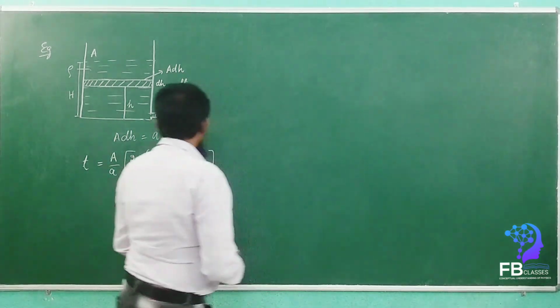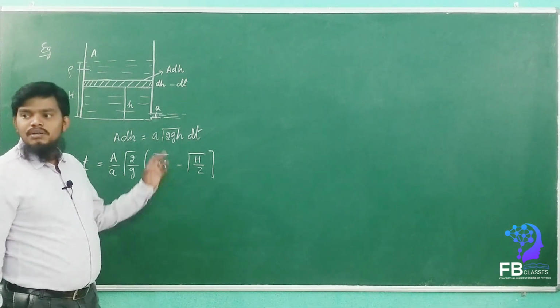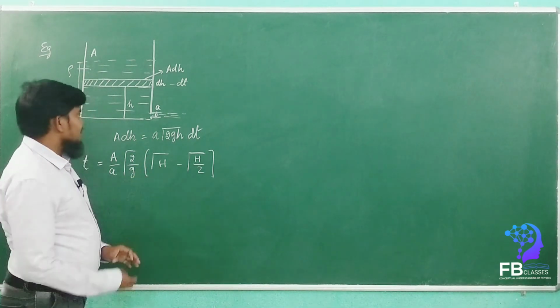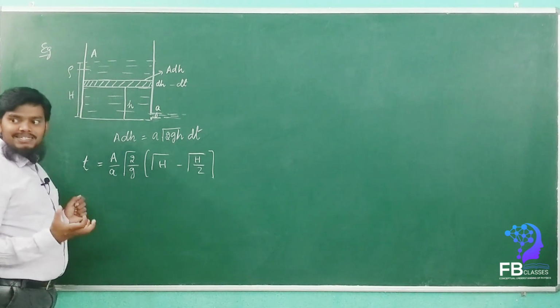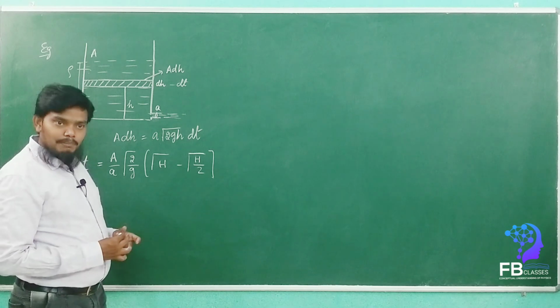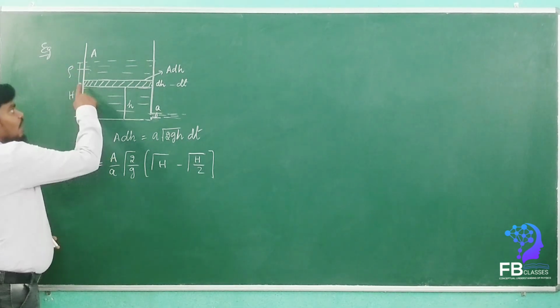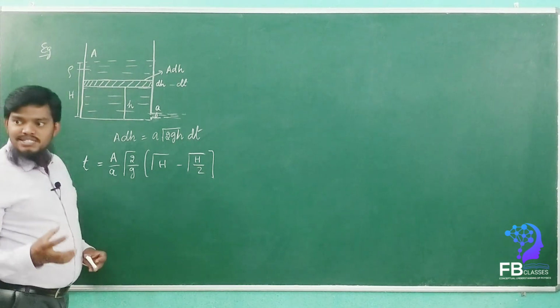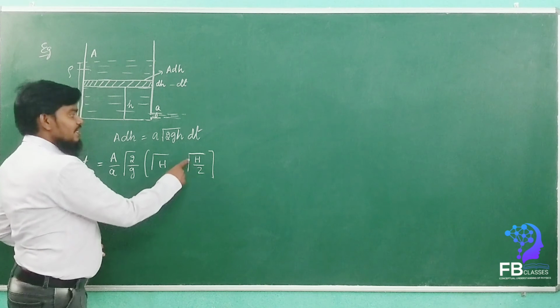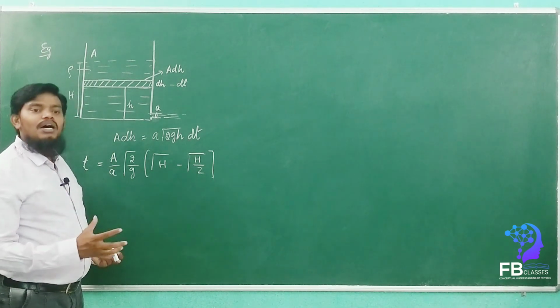Now, the conceptual understanding of this equation: if he asks how much time the tank takes to reduce its liquid to half its height, then we have to take h by 2. If he says 3 by 4, then we have to take 3h by 4.